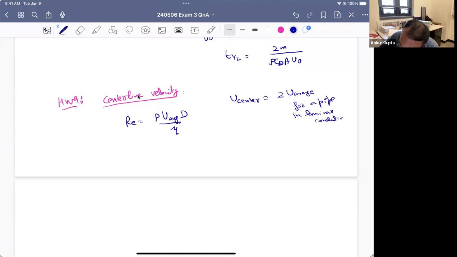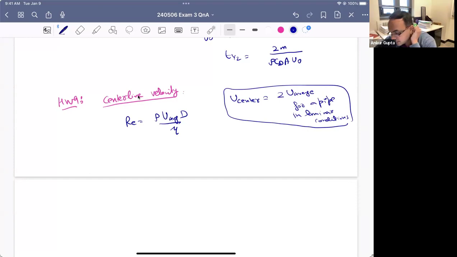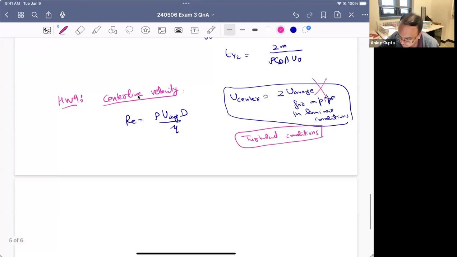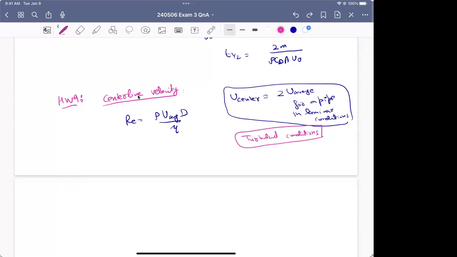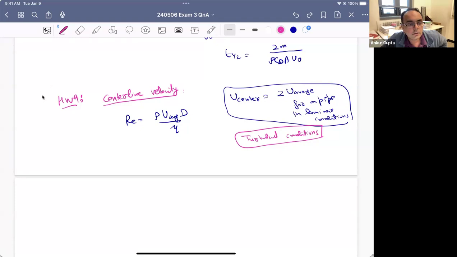So if you're given a centerline velocity, you can calculate the average velocity in laminar conditions. In turbulent conditions, I wouldn't worry about remembering that formula. If a problem gives you a very high Reynolds number, then don't use this. There will be a separate relationship given to you. You don't have to memorize it, but this is only true for a circular pipe in laminar conditions. This is not always true. Okay. Yeah, perfect.